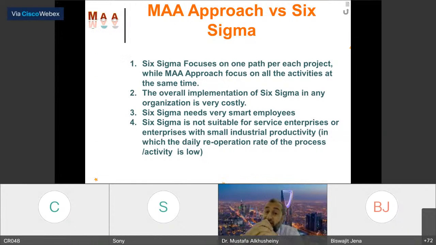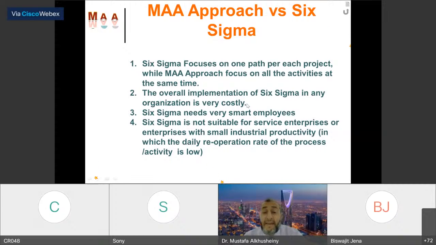While my approach focuses on all the activities at the same time, not at the same criteria of accuracy, but more comprehensive. The overall implementation of Six Sigma in any organization is very costly, while my approach is very cheap with respect to that.